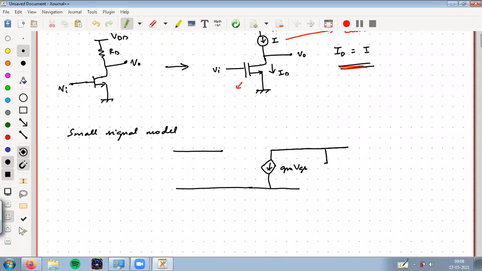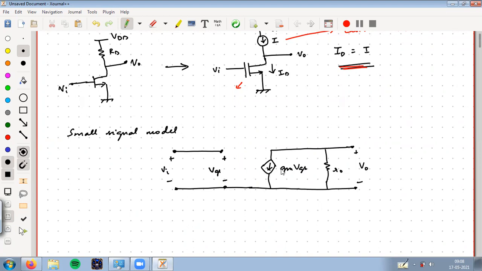This is r0, and obviously this is plus minus V0. This is plus minus Vi if I take that to be Vi, this is the plus minus VGS.